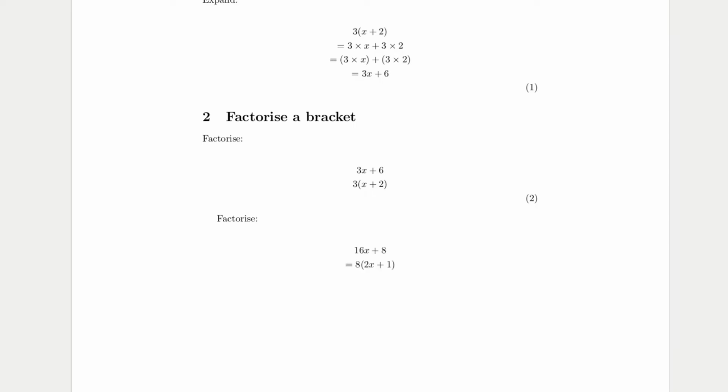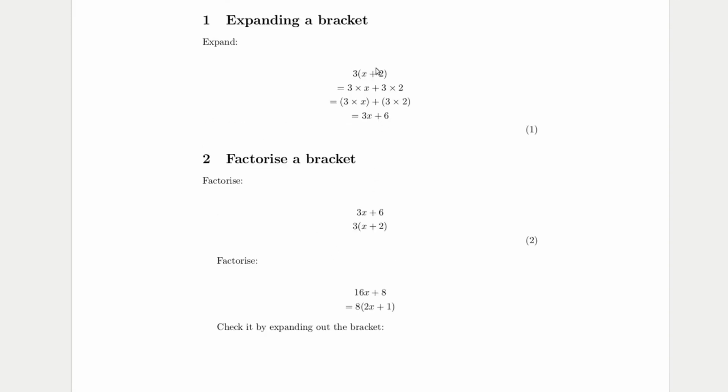Okay, and now that we've found our common factor and factorised the expression, we might want to check that we got it right, and we can do this by expanding the bracket, similar to how we expanded this. So we'll try that. We're just going to do the same process as we did up here.